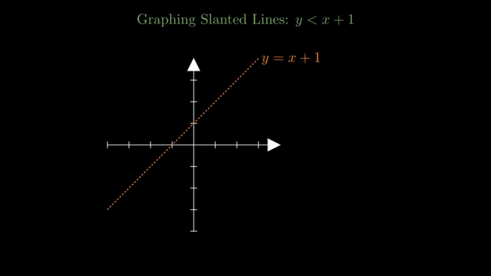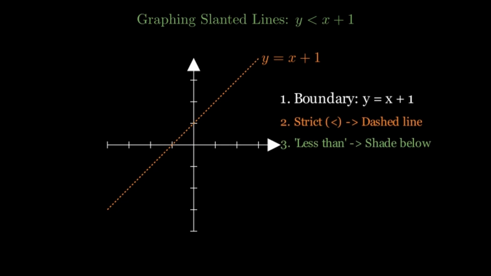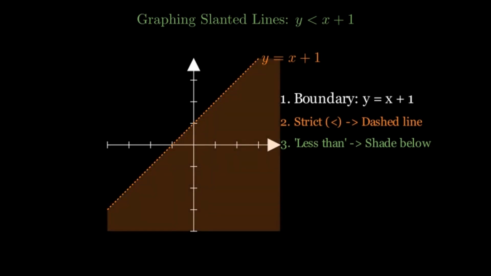Because the original inequality uses less than, the boundary must be dashed. Next, we need to determine which side to shade. Since the inequality says y is less than x plus 1, the solutions are below the line. So, we shade the region below the dashed boundary.